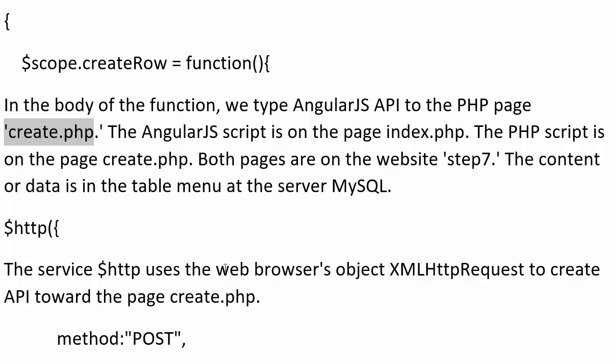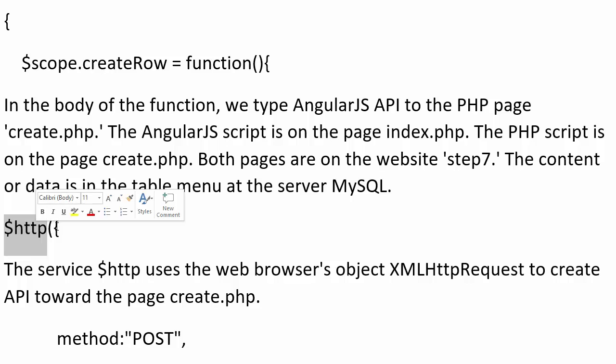The AngularJS script is on the page index.php. The PHP script is on the page create.php. Both pages are on the website step 7. The content or data is in the table menu at the MySQL server.